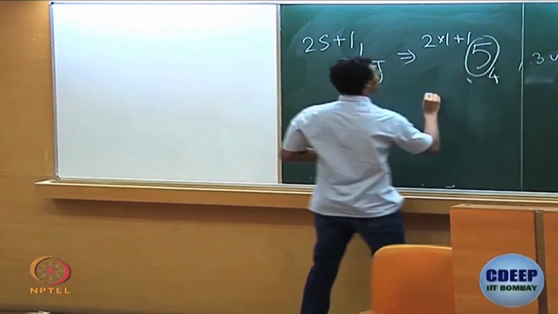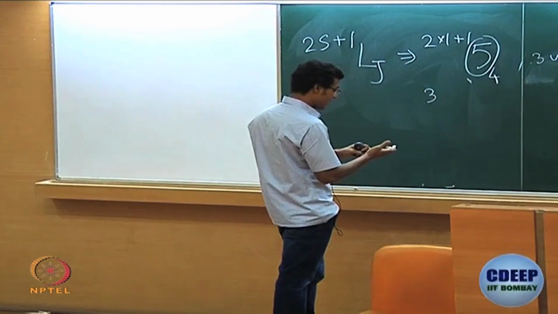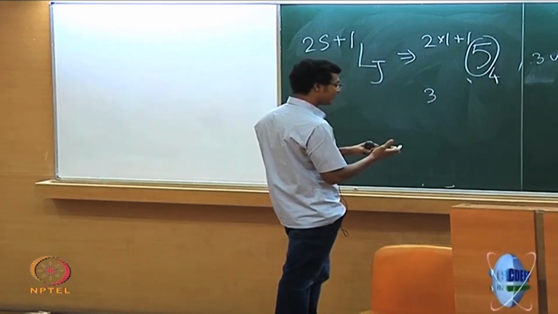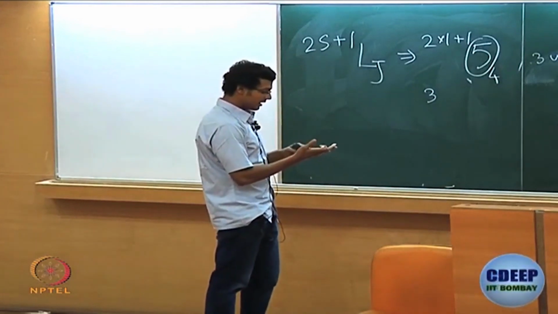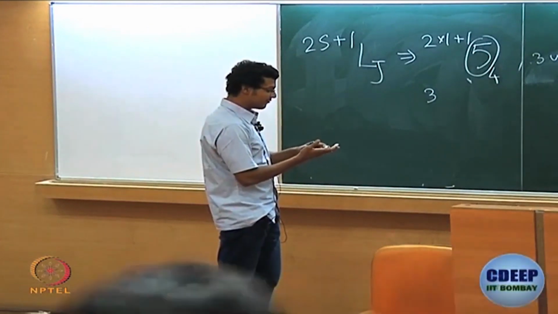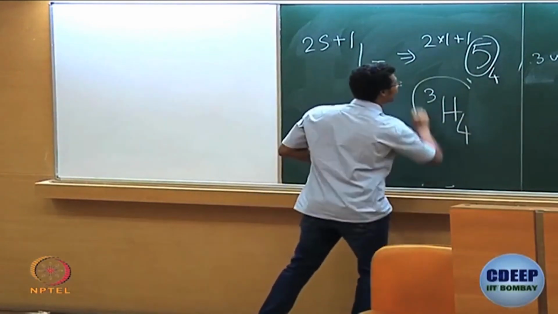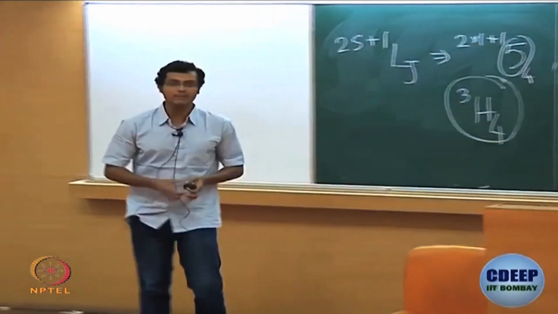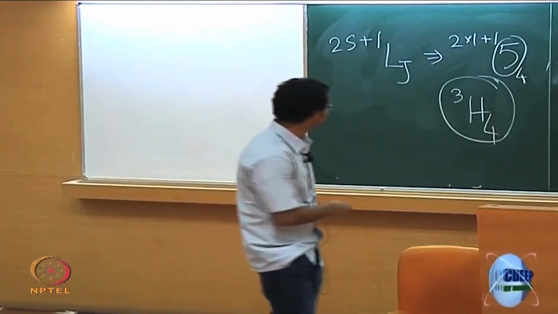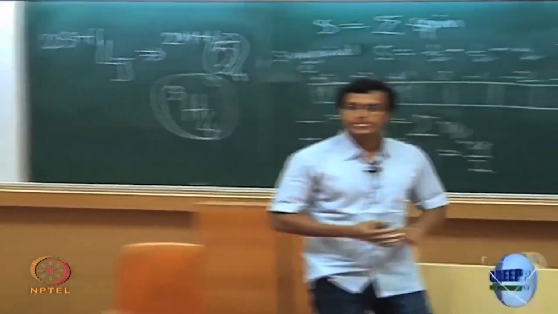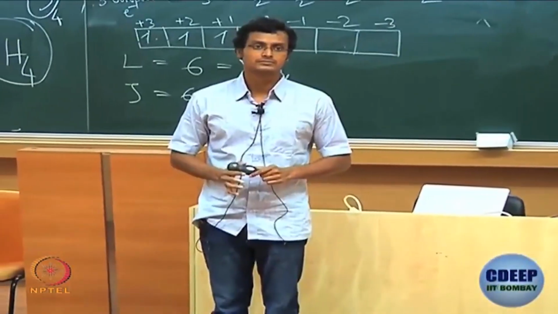So this 5 is going to be, S P D F G H, good, and 3H4, 4 is L minus S, is it correct? Okay, break.